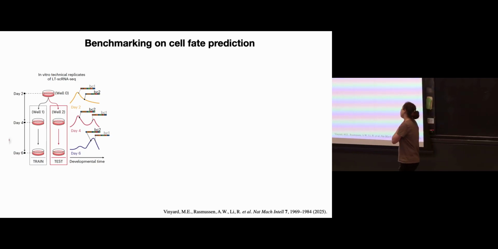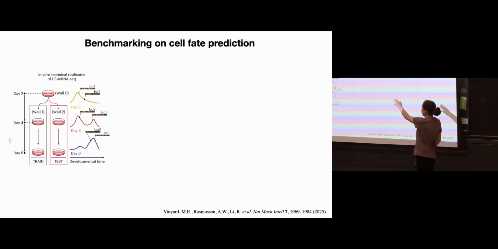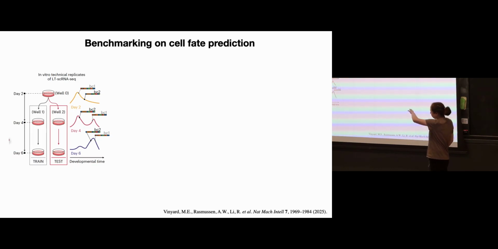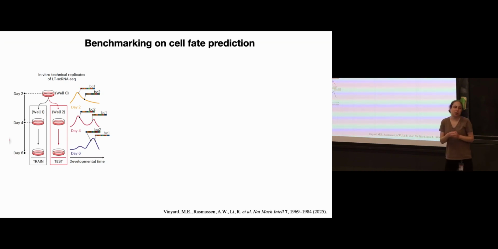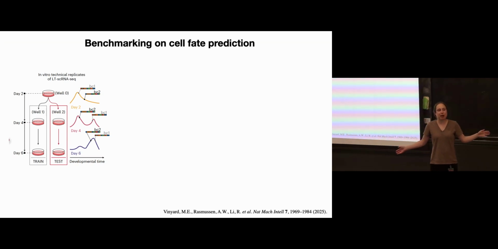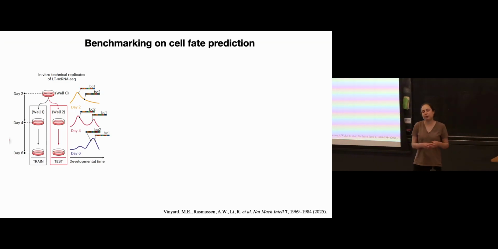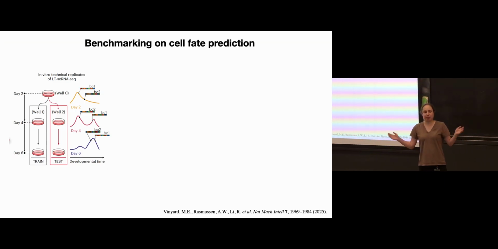The group that did the experiment started with HSCs at day 2, I guess. They transformed them with a large, diverse set of DNA barcodes, which get inserted into the genome, such that a cell and all of its progeny have the same barcode.